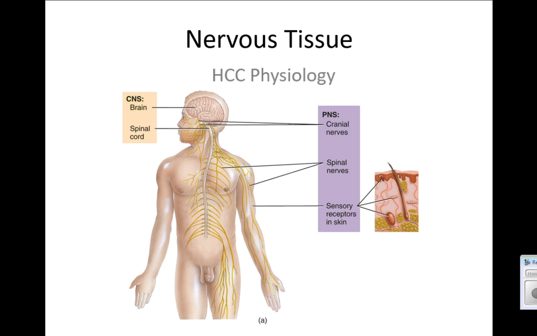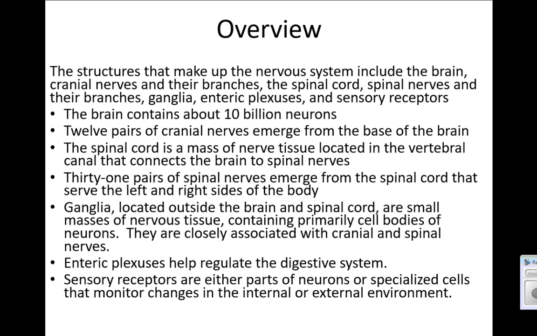And then on the right for the PNS, we've got cranial nerves, spinal nerves, and sensory receptors in the skin. There's not a whole lot of structures that make up the nervous system. It's really one of the least amount of organs for all the systems of the body. With that said, still probably the most complex.